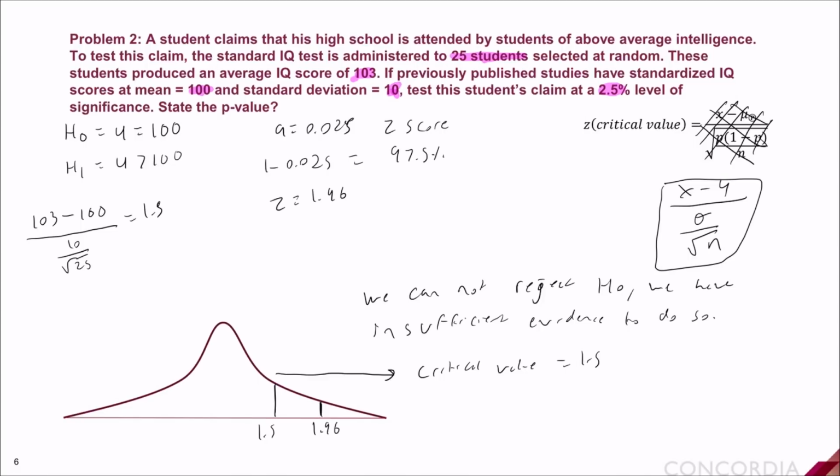If you would go look it up, it would give you a probability of 0.9335, which would be all of this. However, the p-value is to the other side, so we would have to do 1 minus that probability, which would give us a value of 0.0668, and this would be our p-value.